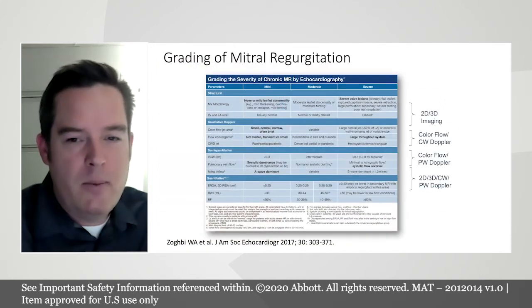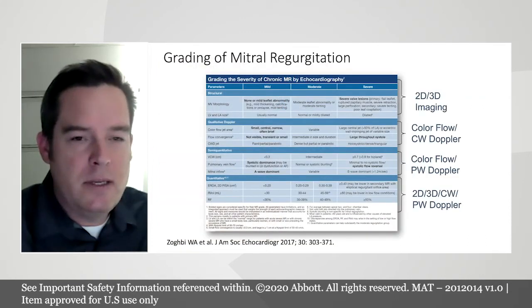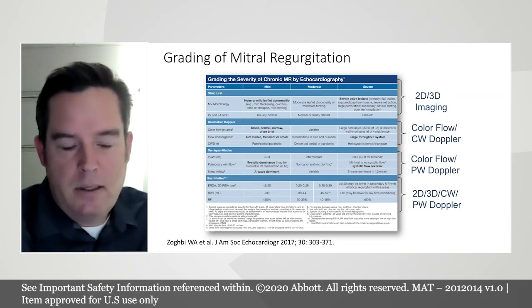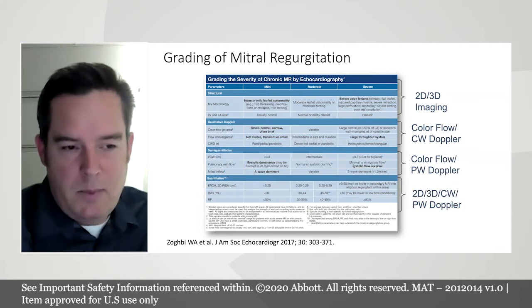And then the grading of MR is an integration of many different assessments. So it's not just pulmonary veins, it's not just color. There are a lot of different nuances, from the eccentricity of the jet to the blood pressure to the pulmonary veins, and all of those have to be integrated into your assessment of the severity of the mitral regurgitation.